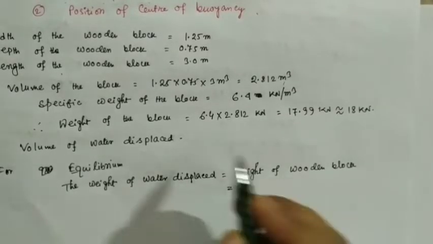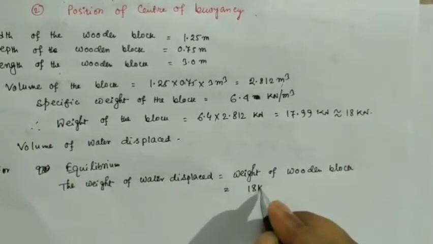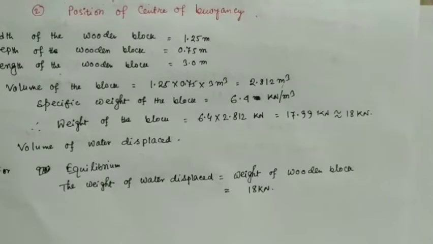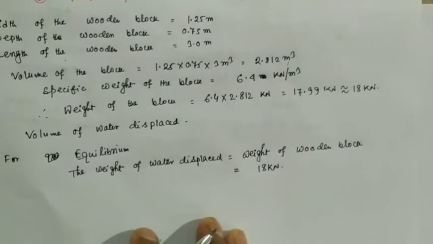And we got the result: weight of the wooden block is 18 kilonewton. Then what will be the volume of water displaced?